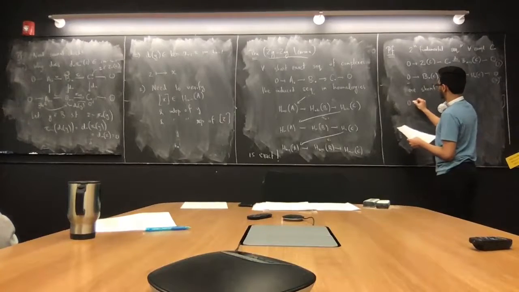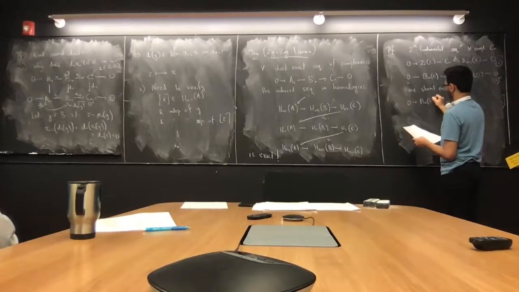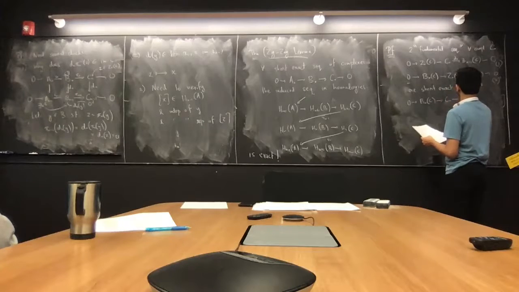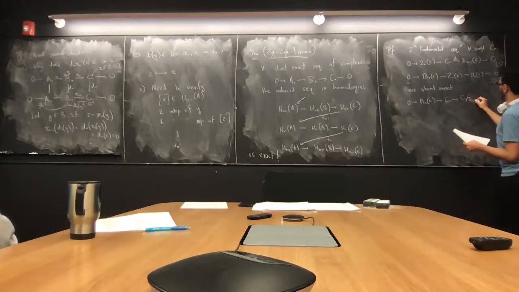So is the sequence 0, Bn(C), Cn, Cn mod Bn(C), 0.